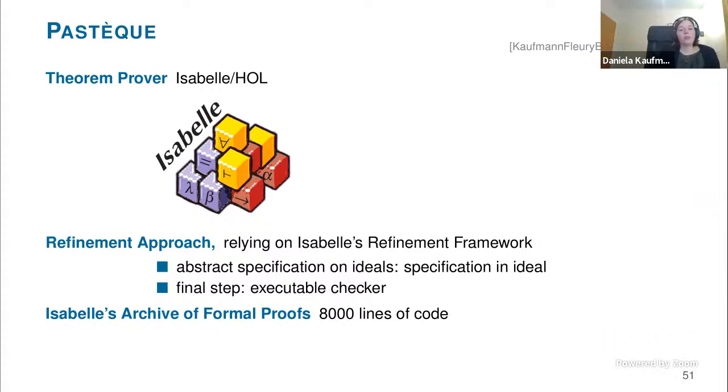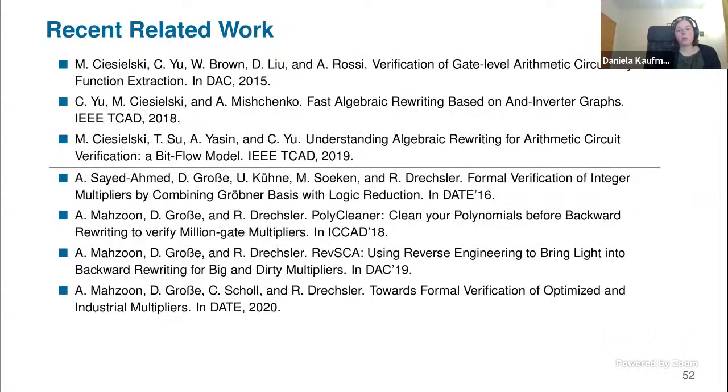And finally, before the break, I now want to show you some experiments. We are not the only ones working on that. In essence, two other groups are also working on verification of integer multipliers. The first one is located at the University of Massachusetts, and the second group is located at the University of Bremen.